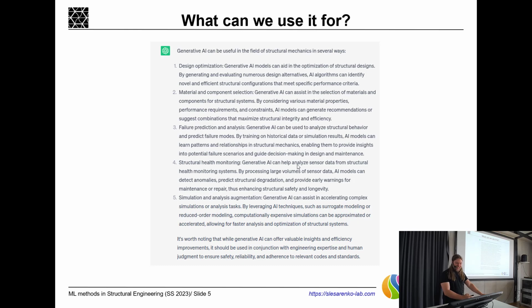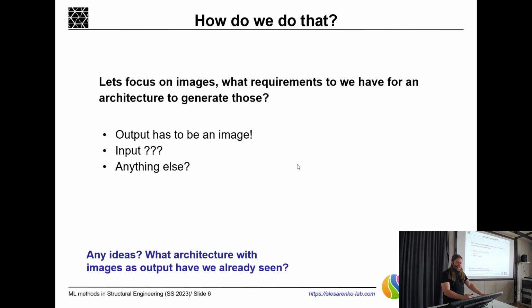Okay. So we want to generate stuff. How to do that? So what requirements do we have? If we focus first on MNIST, our restriction is, so far, we want to output images.